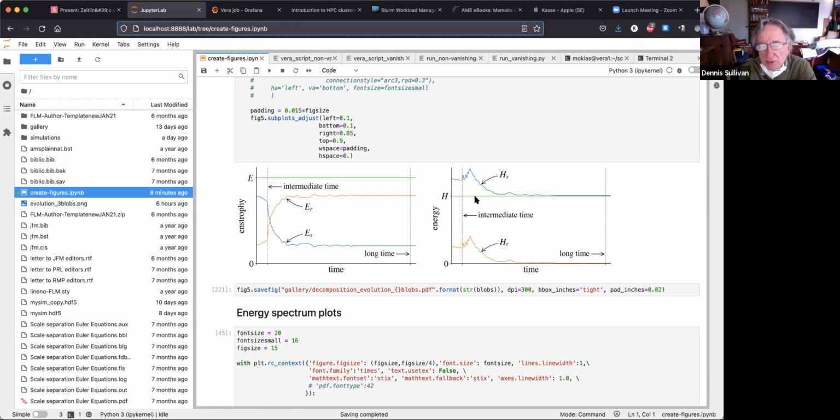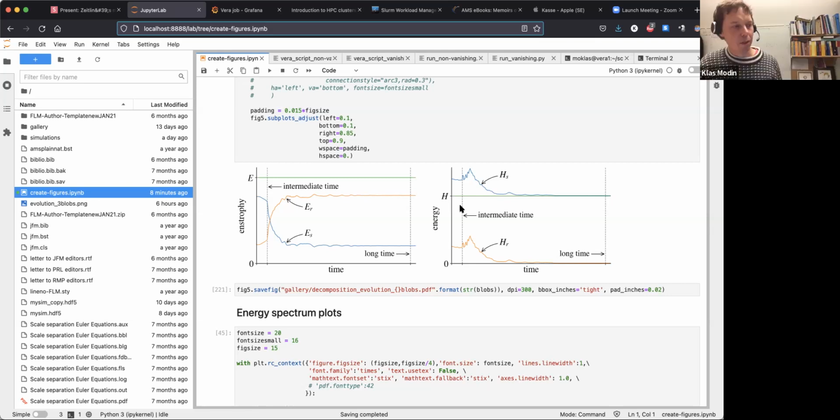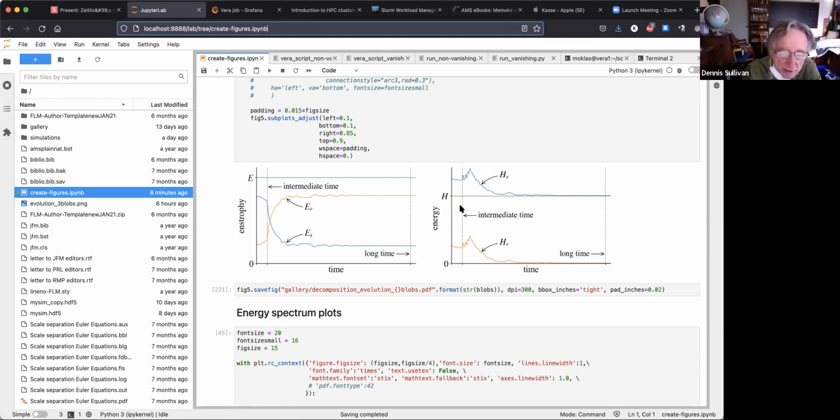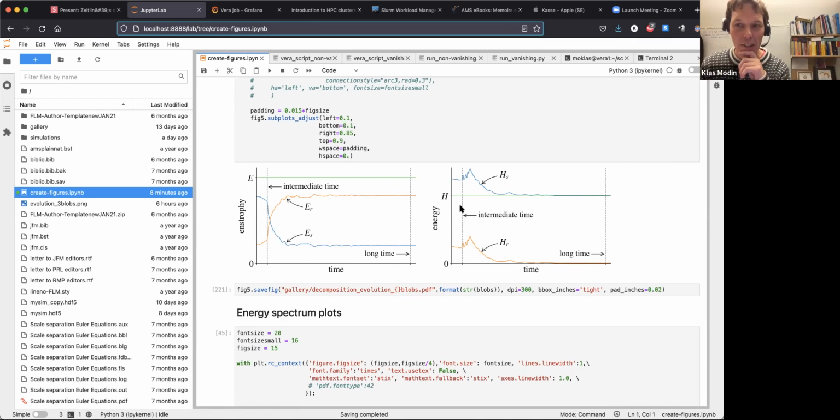That doesn't contradict recurrence. It could be staying on a hypersurface. It doesn't come back to the beginning. Exactly, it's going to a recurrent attractor or something.